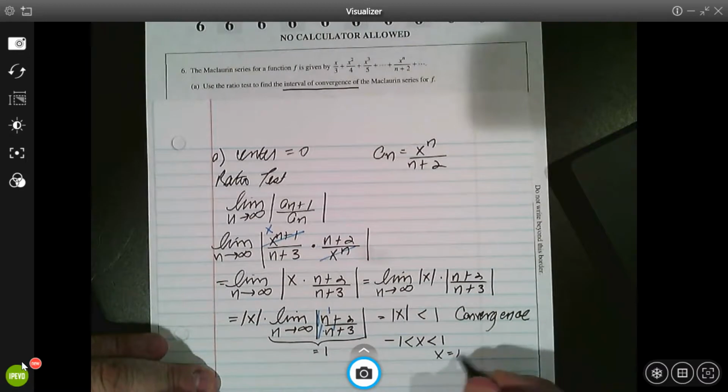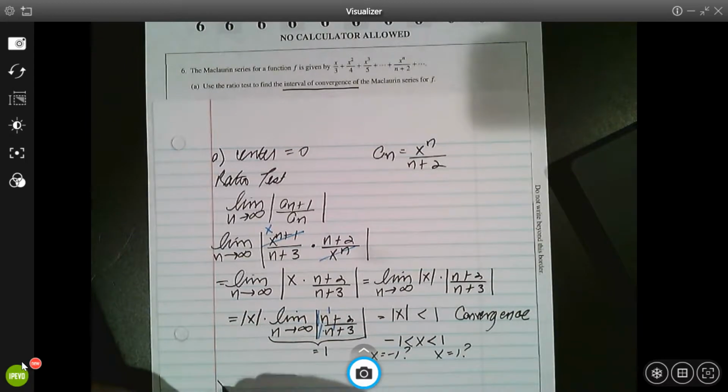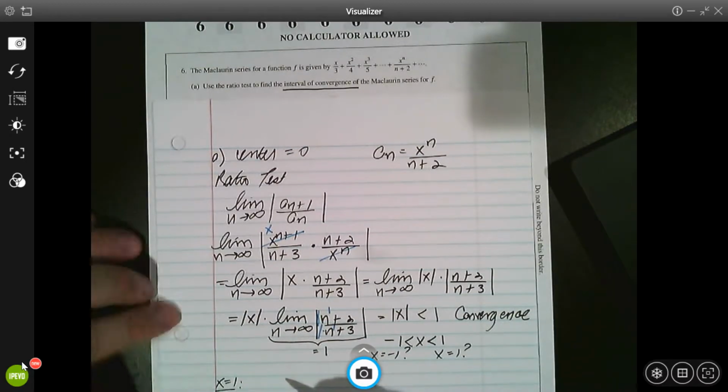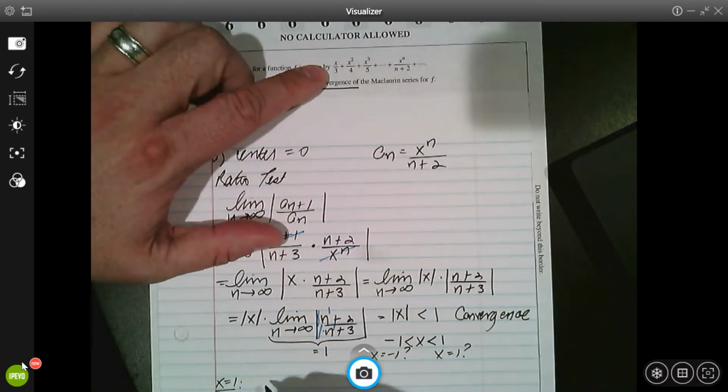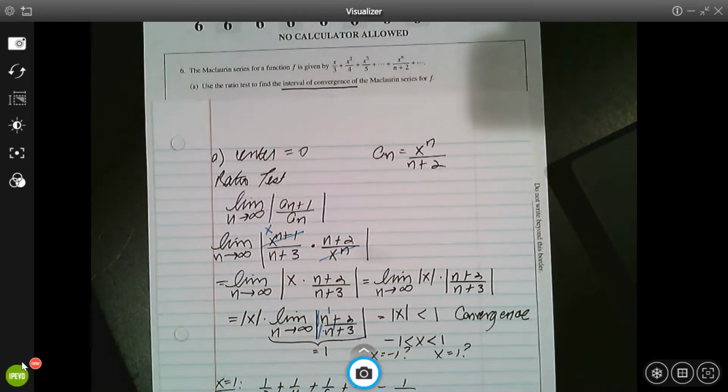Now, x equals 1 is an endpoint. We're not too sure what happens there. And -1 is an endpoint. We're going to have to test both of those. So to do that, we go back to the original series. If x is equal to 1, then your series becomes 1/3 plus 1 squared over 4, which is 1/4, plus 1 cubed over 5, plus dot dot dot, 1 over n plus 2.